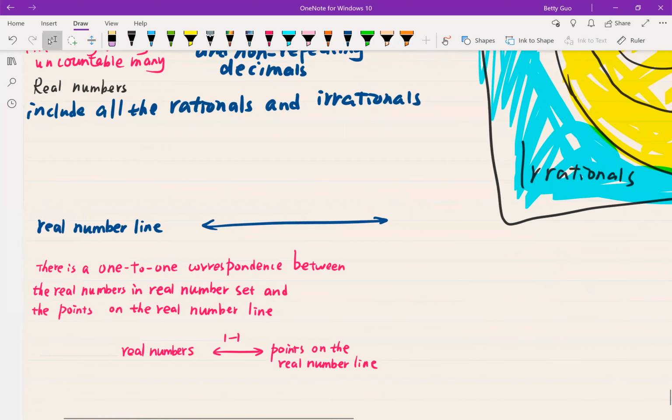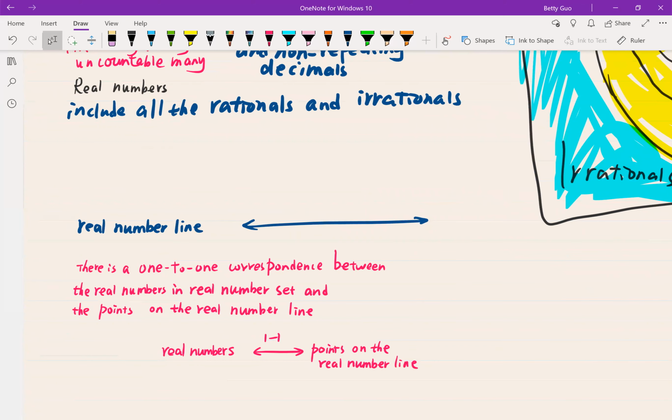Graphically, we could use a real number line to represent the real number set. And what is a real number line? If we have a straight line, it could be horizontal or vertical or slant, it doesn't matter. Most of the time we use a horizontal straight line.